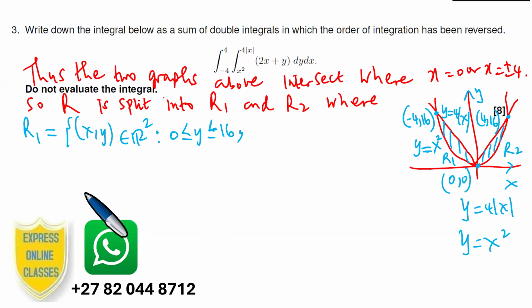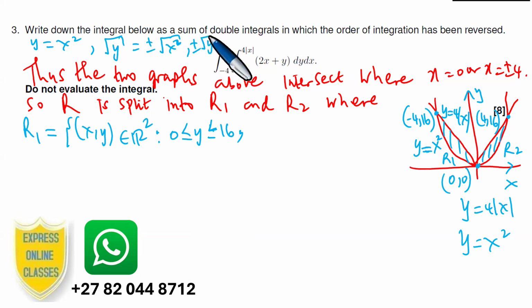Let us work it out. Our y is x squared. If our y is x squared, it means that x is what? If you take the square roots, x is plus or minus the square root of y.